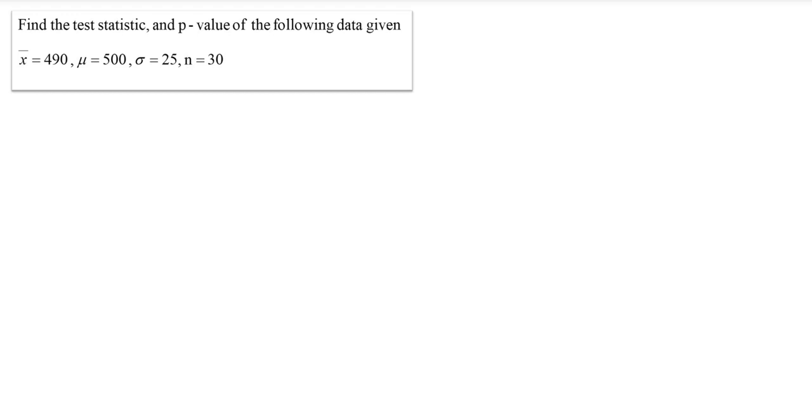In this question, we have to find the test statistic, and the p-value corresponding to it. We are given the x bar value: x bar is equal to 490, mu is equal to 500, sigma is equal to 25, n equal to 30.